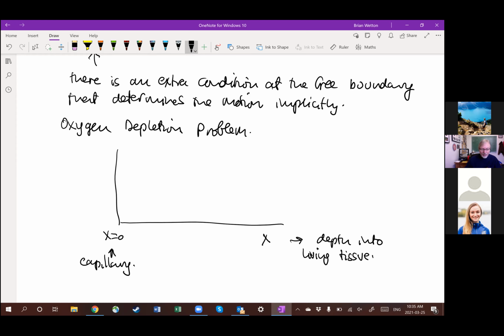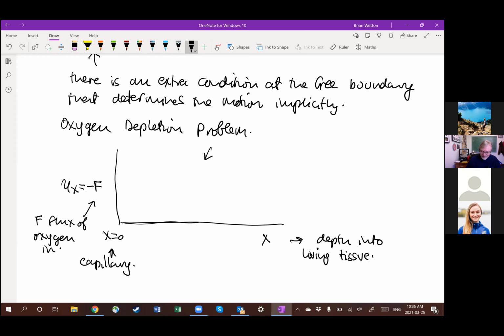So there's some blood flow out here, which has got oxygen in it. And I'm going to have a flux of oxygen into this tissue. So this F, I put the sign so F positive means flux into the tissue, which I guess I like. So this is flux of oxygen in.